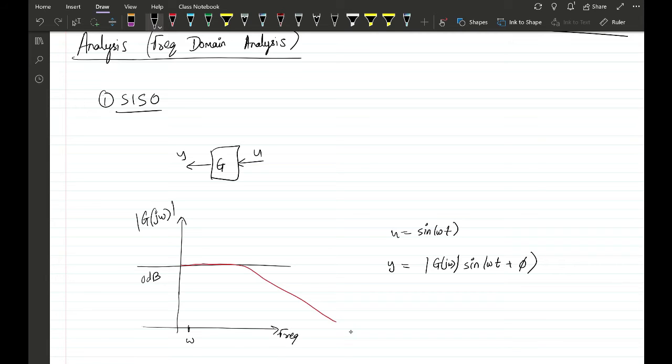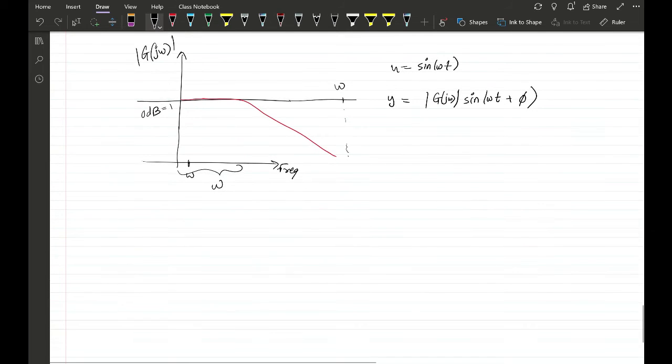In this example, with this close to 1, so 0 dB is just 1, for lower frequencies my output amplitude will be close to 1, whereas for higher frequencies, somewhere here, my output amplitude would drop to a very low value, which would mean that a very high frequency input would be attenuated.